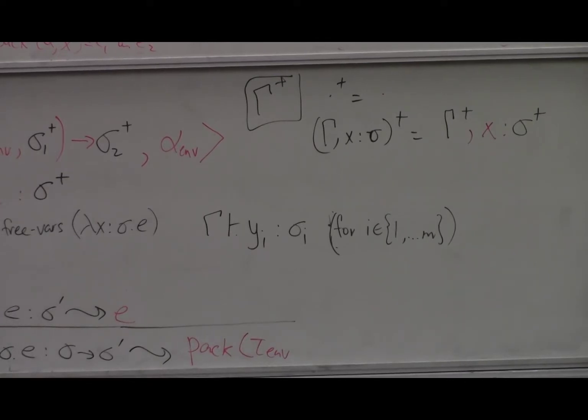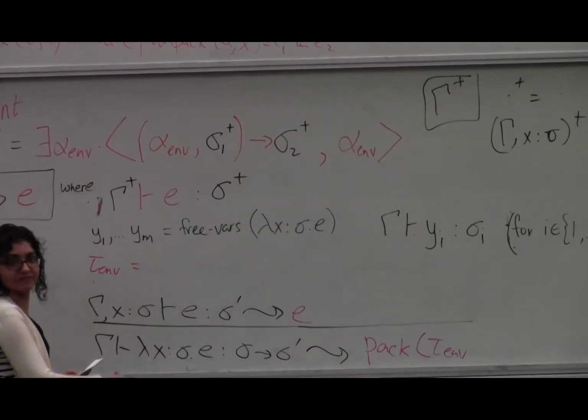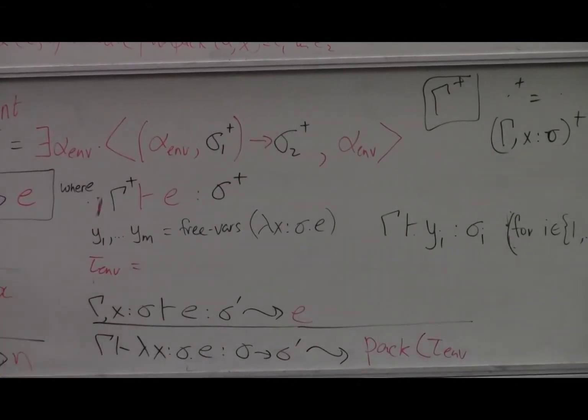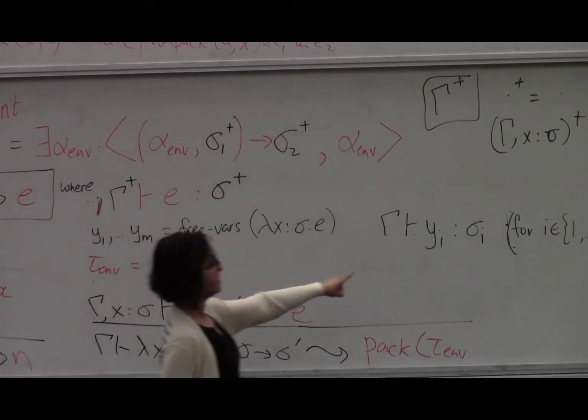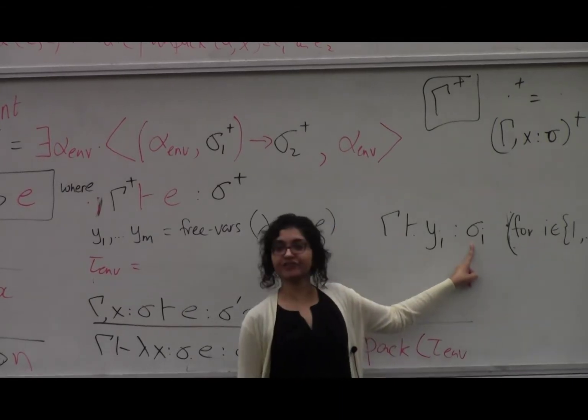Now, what is tau env? Is it those types? You have to take the types of the free variables. The type of each free variable is sigma i.